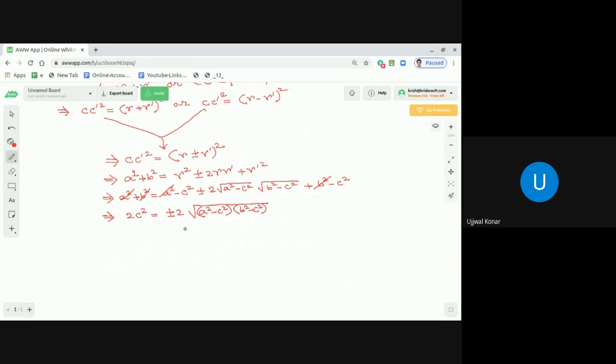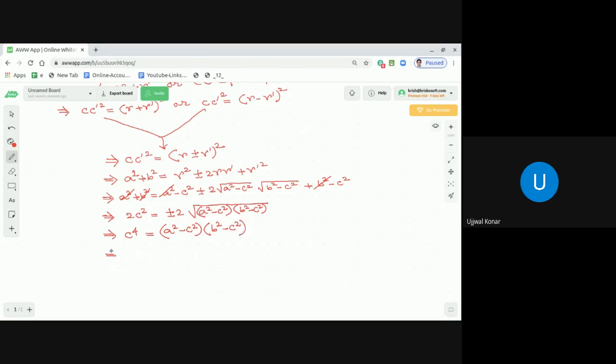Now 2 got cancelled and we take the square again, that means c power 4. Why do we square again? To get rid of this plus minus, because plus whole square is plus, minus whole square is also plus. So we square both sides and we get a square minus c square into b square minus c square.